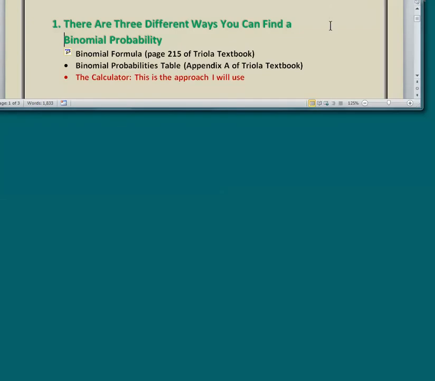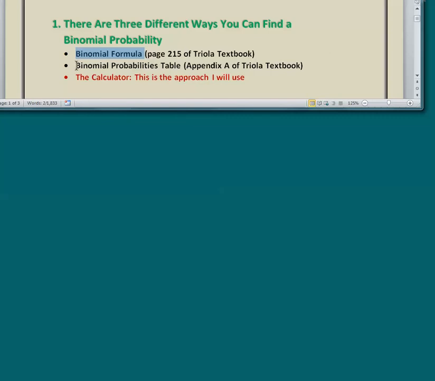So the first point we're going to cover in this video is just to be sure that you know that there are 3 different ways you can find a binomial probability. And they can all get you to where you need to go. But I want you to be aware of all 3 ways. The first way is the binomial formula, and that's on page 215 of the Triola textbook.